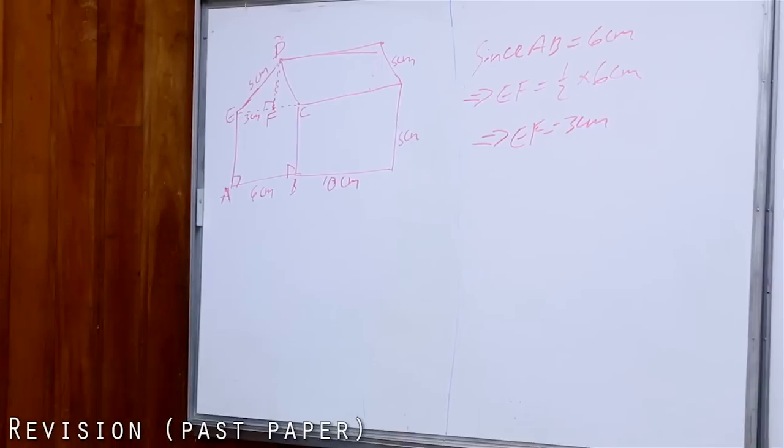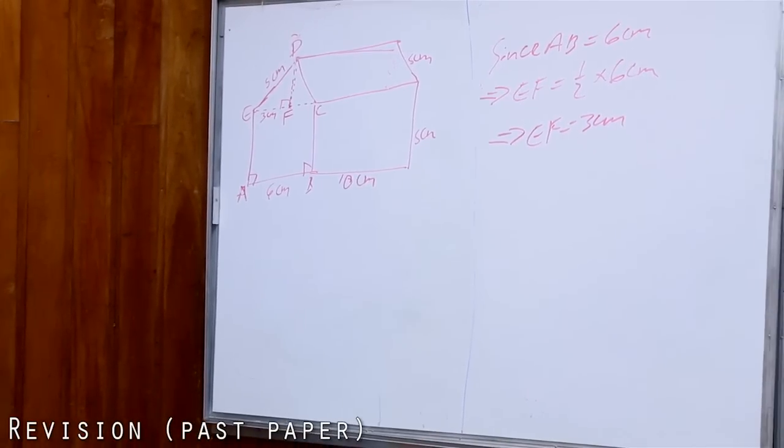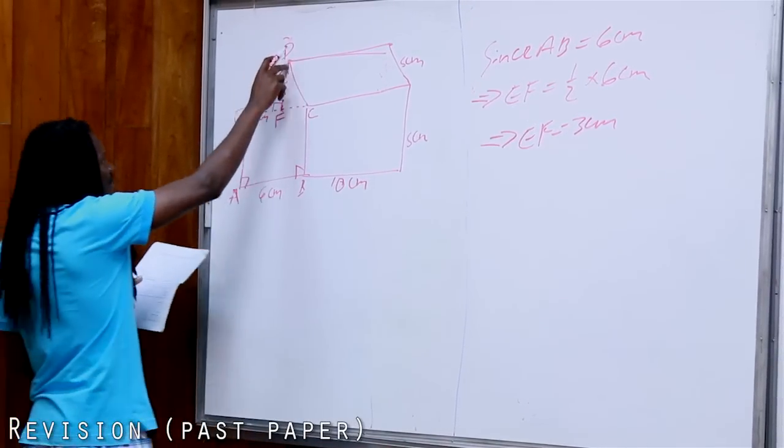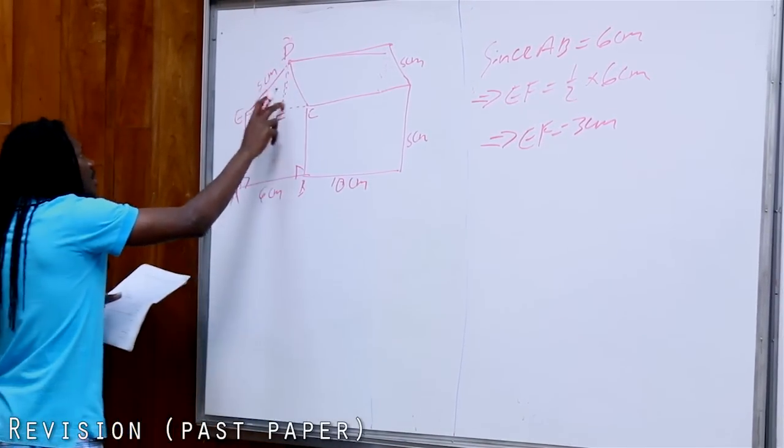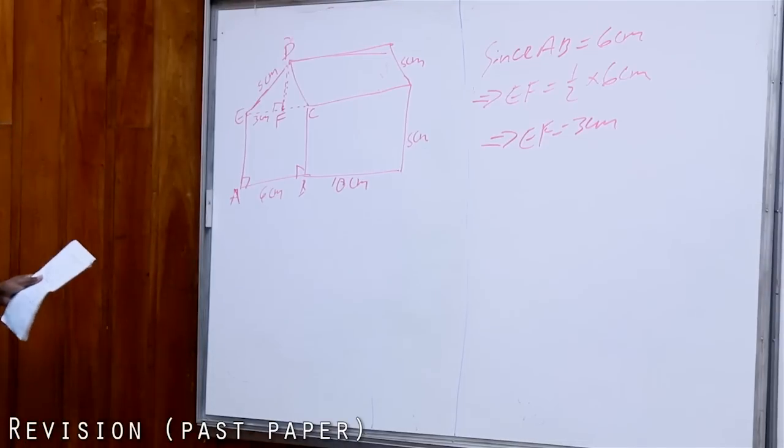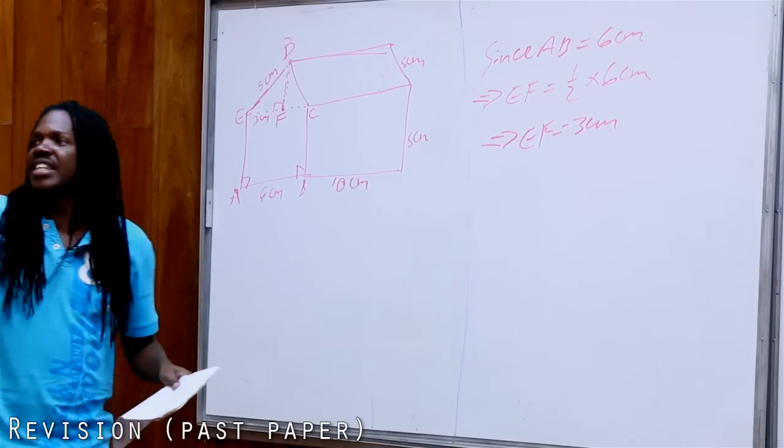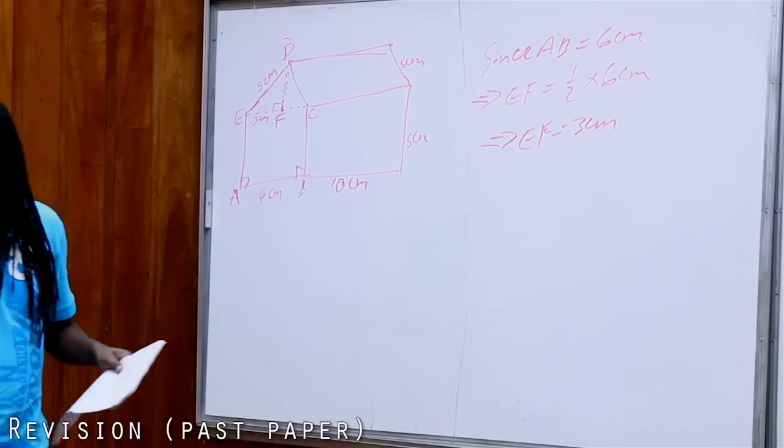F is the midpoint of EC. To find DF, how am I going to find DF? It's at 90 degrees.